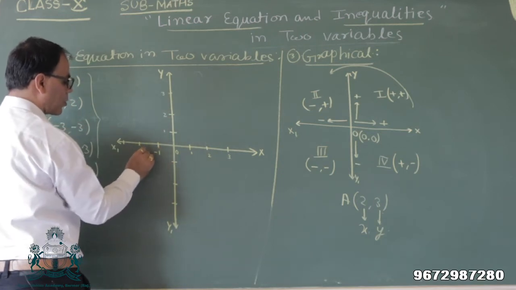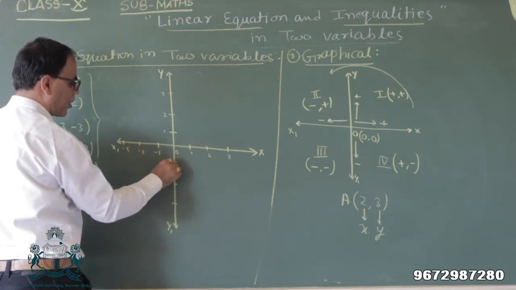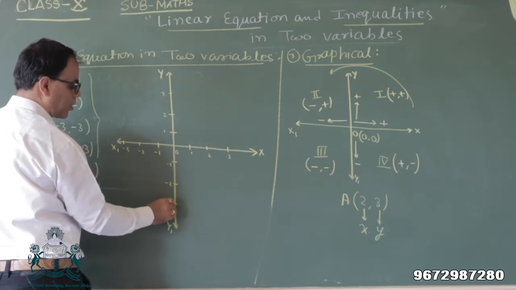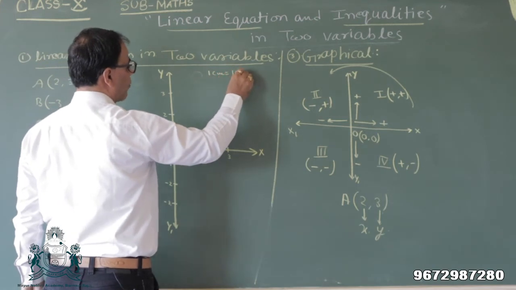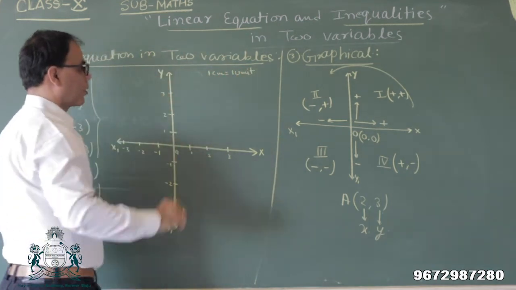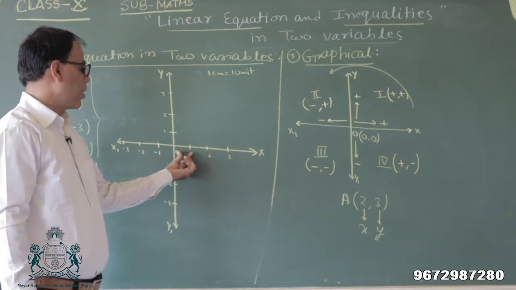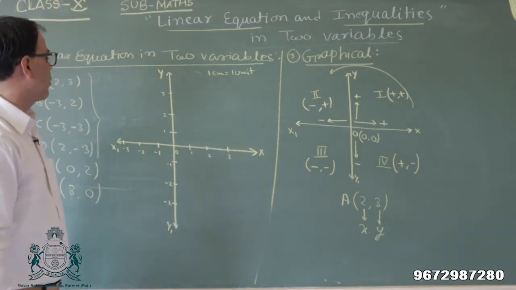Negative numbers -1, -2, -3. Scale: 1 centimeter equal to 1 unit.